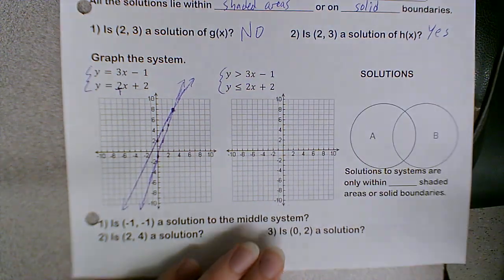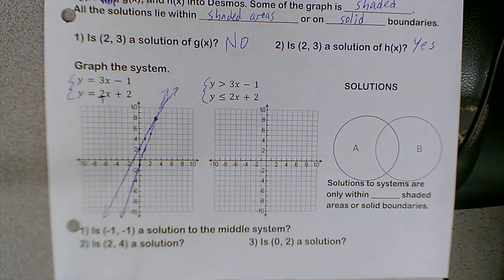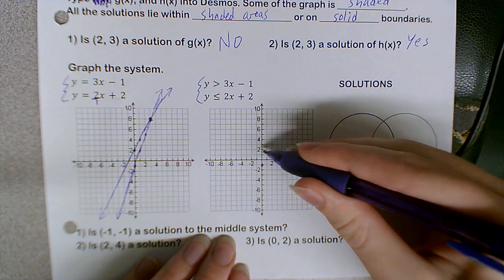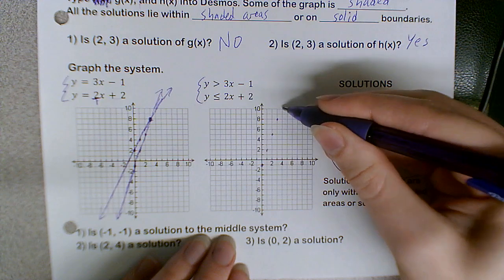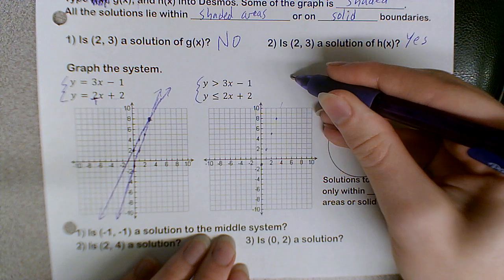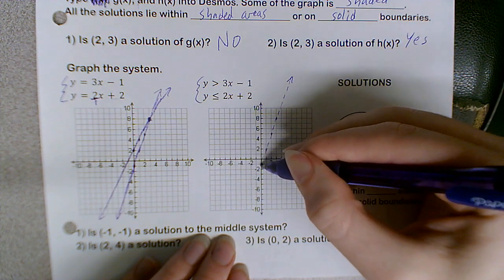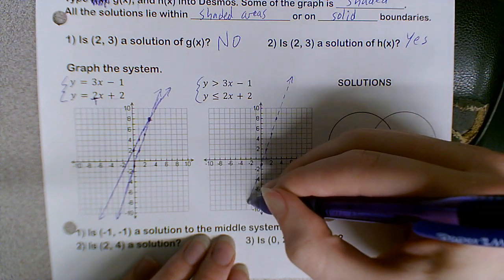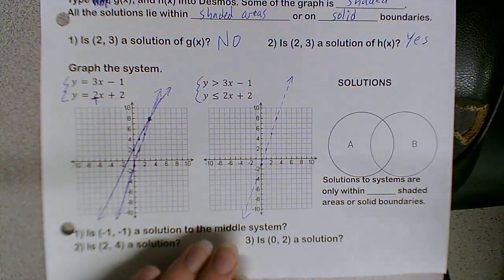So now we're going to do the same thing, but this time we have inequalities. So the process is exactly the same, but this time we have to worry about dotted versus solid, and we have to worry about shading. So for the first one, 3x minus 1, we're going to graph it the same way as usual. This one is greater than, so it's a dotted line. And this is shaded above, but I want you to lightly shade it above.